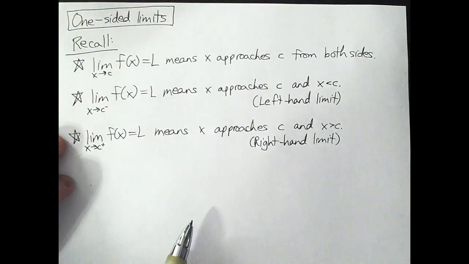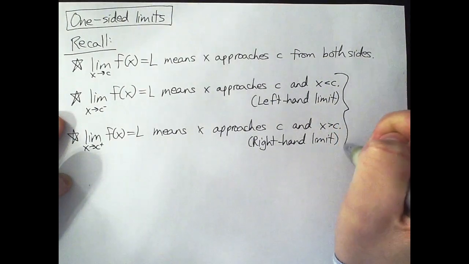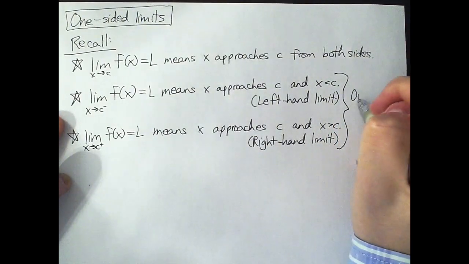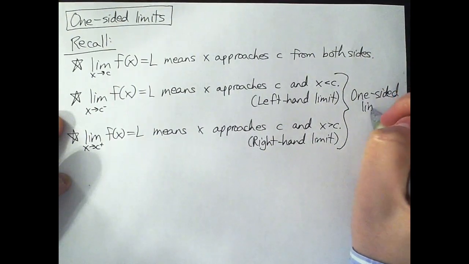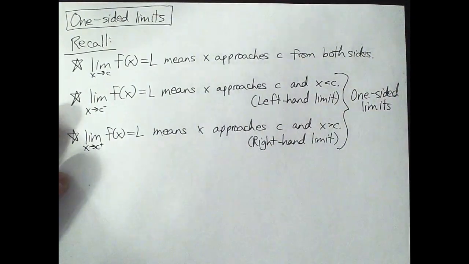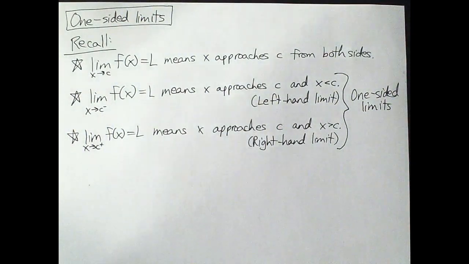The second two cases we wrote here are sometimes called one-sided limits. So there's the original main definition of the limit of a function, but then there are also these one-sided versions.